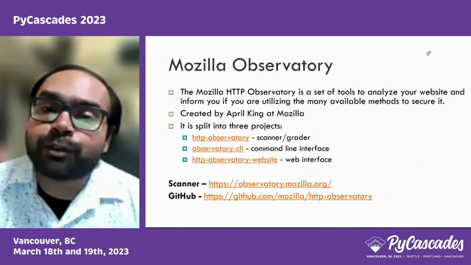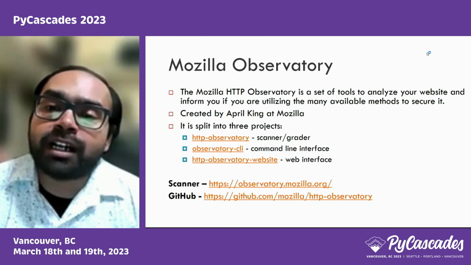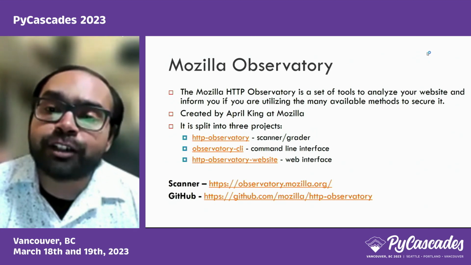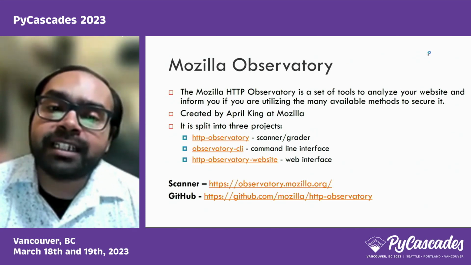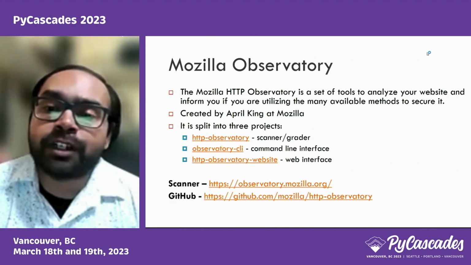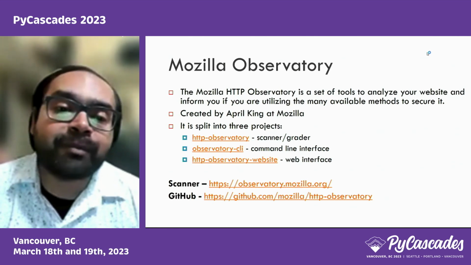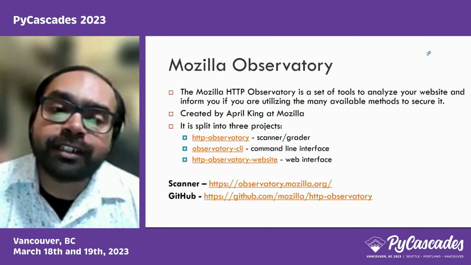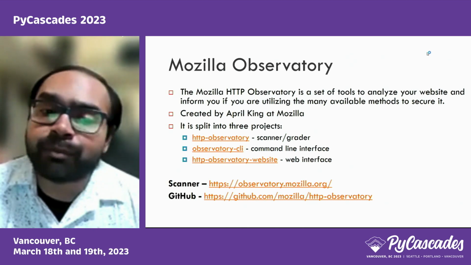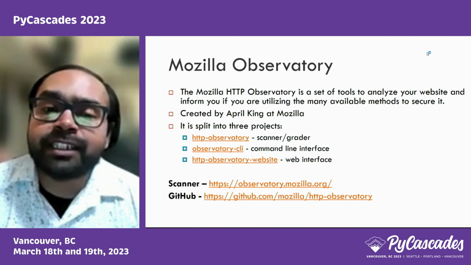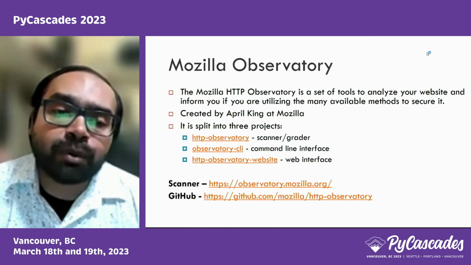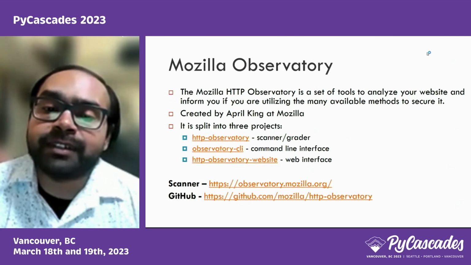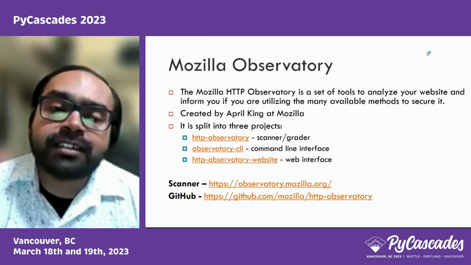Coming back to the Mozilla Observatory tool, it's just a set of tools to analyze your website and inform you if you are utilizing many of the available methods to secure it. It was created by April King at Mozilla. It is divided into three projects. One is HTTP Observatory, which is a scanner or a grader.